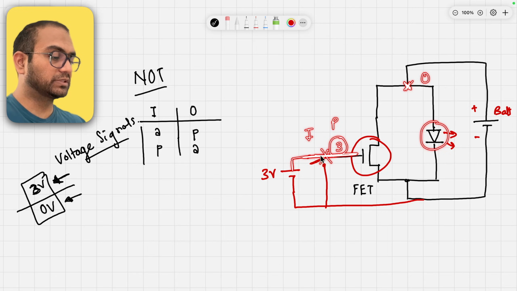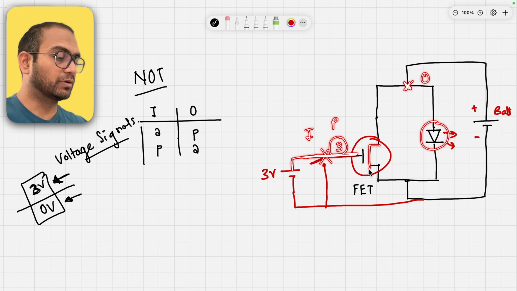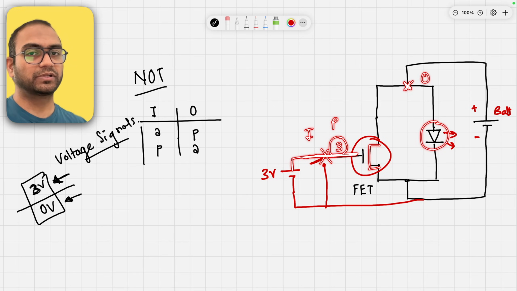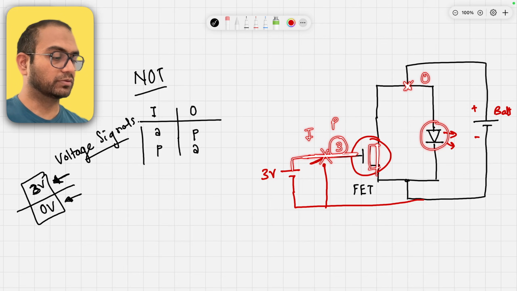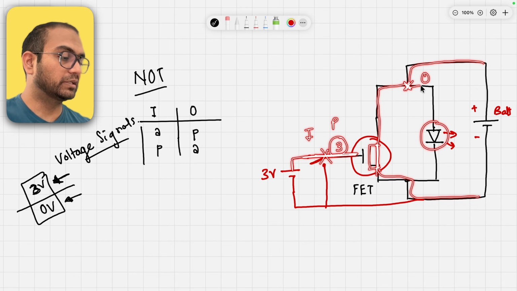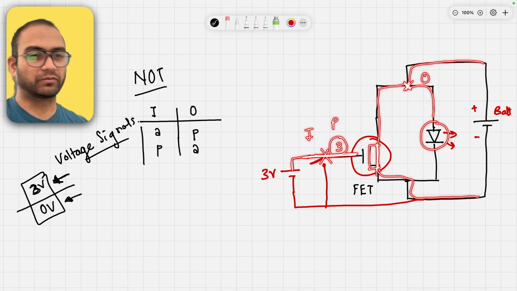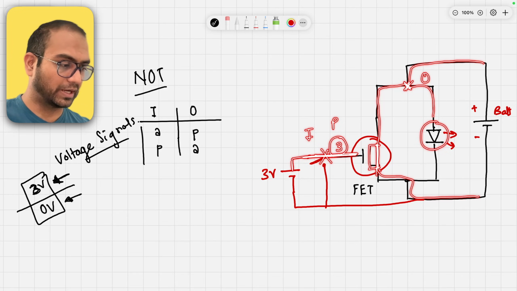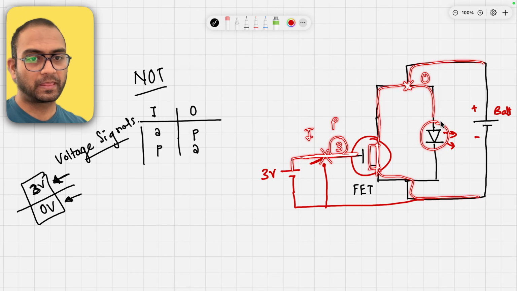If 3 volts is available here, based on the previous lecture or video, this transistor will be a closed switch. It will be active. Now all of the current coming from here takes the shortest resistance path and goes down here. Effectively, there is very minimal, or in fact no, current going this way.